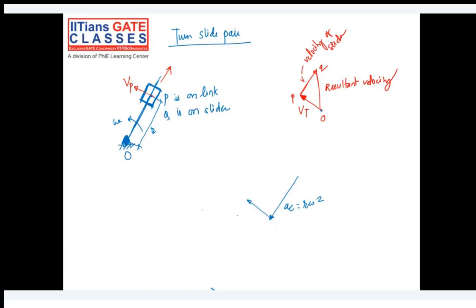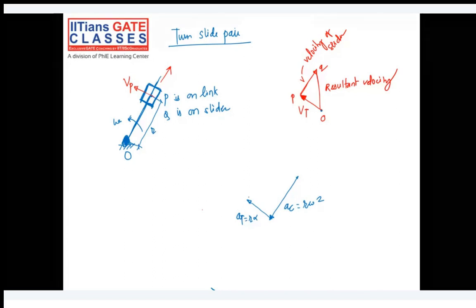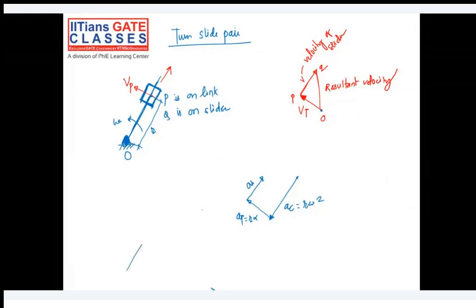So it is accelerating on its own. On top of that, we are turning this link counterclockwise, which is also forcing the slider to go away from the center of rotation. It's creating a centrifugal effect, trying to push the slider away from the center, and the slider also has some acceleration.